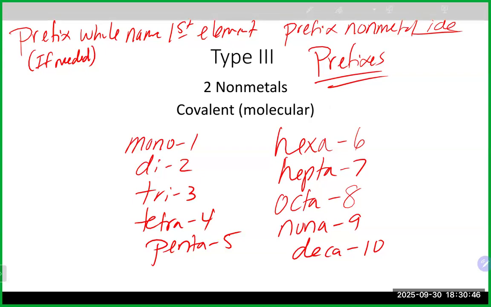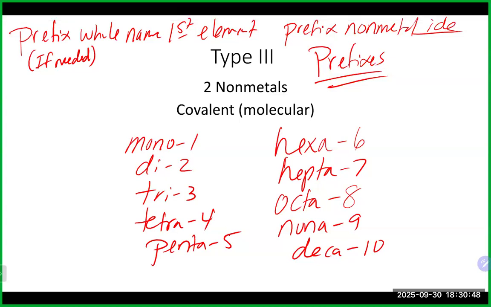So why do I say prefix on the first one if you need it? Well, there are a couple of important rules. The first rule is no mono on the first name, but it is okay on the second. The second thing that commonly happens in type 3 naming is you oftentimes will get a couple of vowels that back up to each other.